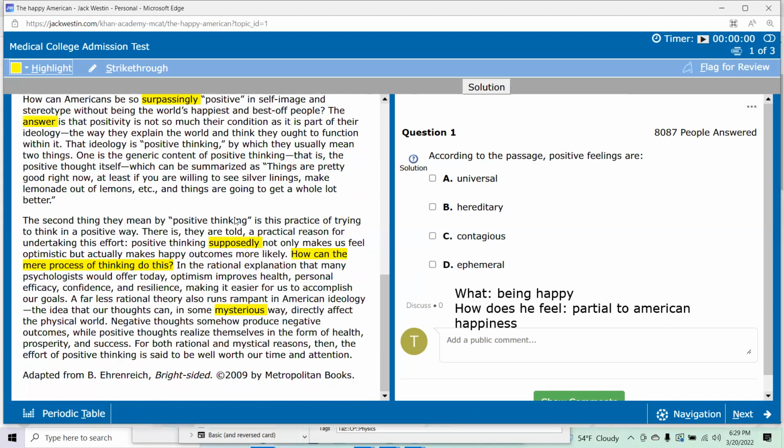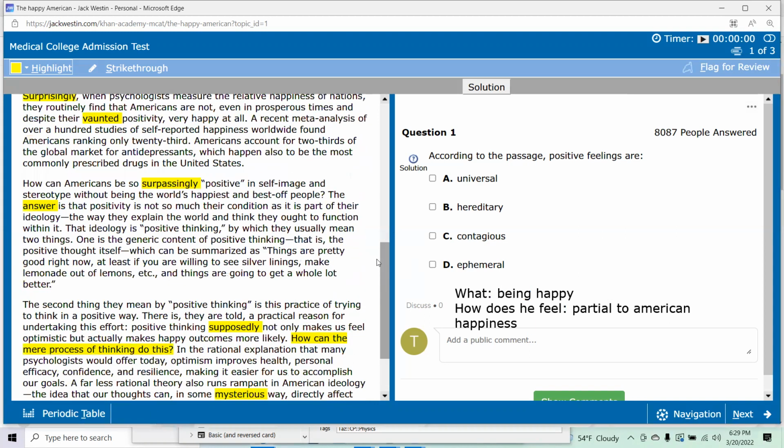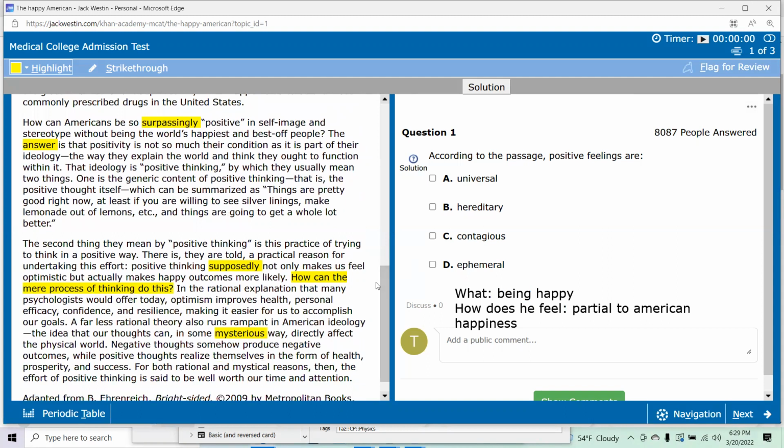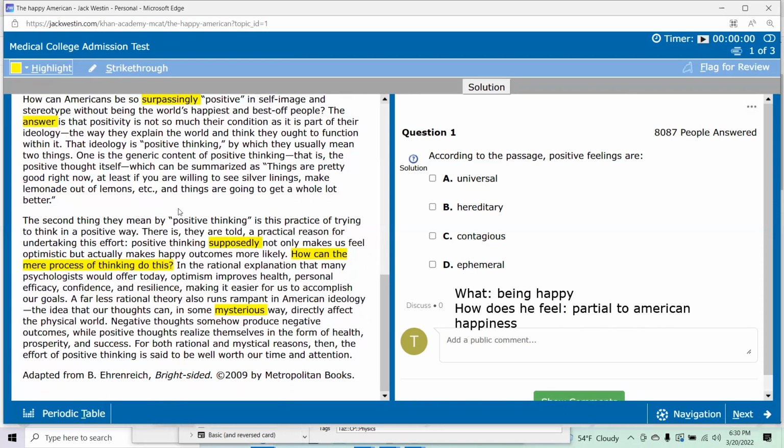And then in these last two paragraphs, he starts exploring how Americans are so positive if they're not actually happy, right? And it's like he transitions into talking about positive thinking. Americans are positive thinking. And then at the end he says, the effort of positive thinking is said to be well worth our time and attention, right?